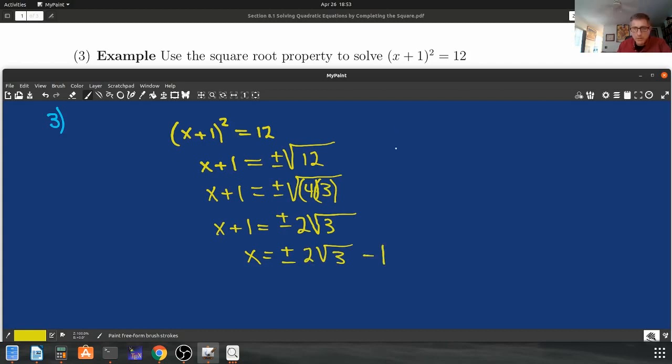So I want you to realize that explicitly this means x is equal to taking the top sign, the plus, the positive root, 2 times the square root of 3 minus 1, or x is equal to taking the bottom sign, it's called the negative root, 2 times the square root of 3 minus 1. So those are our two solutions. We have two solutions here.